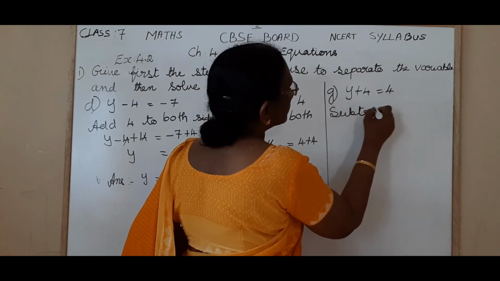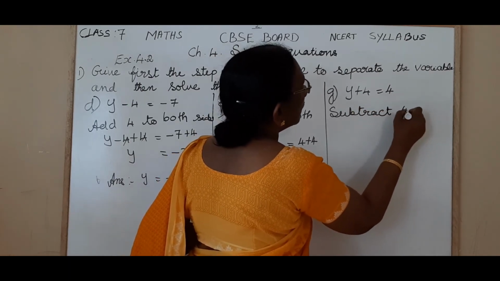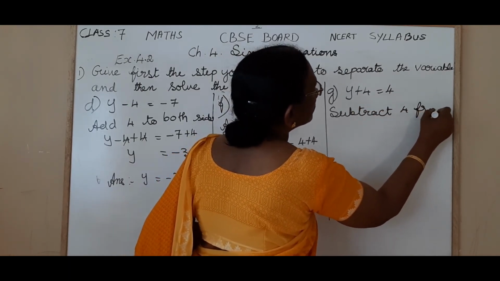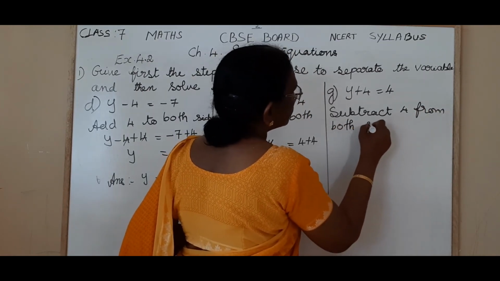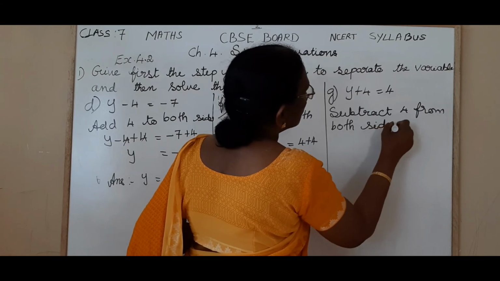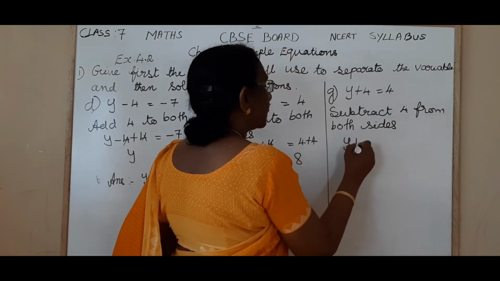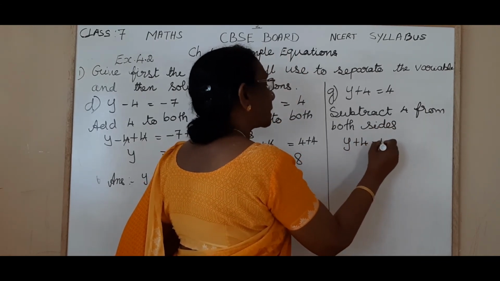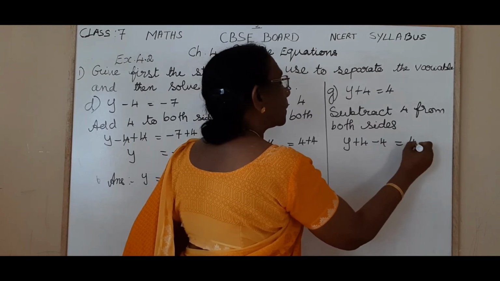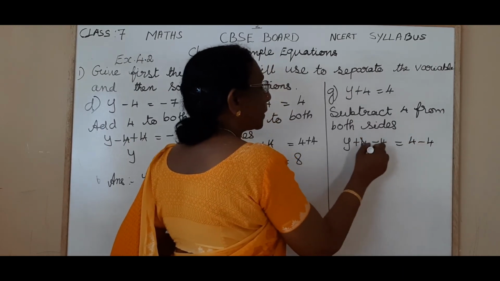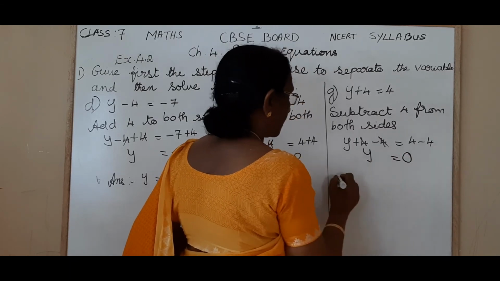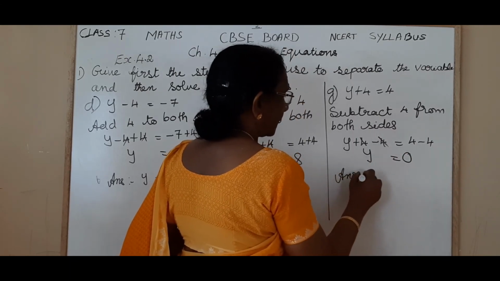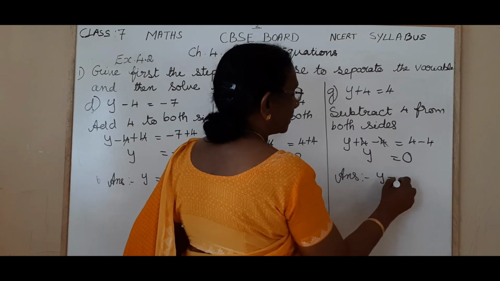Subtract 4 from both sides. What do you get? Y plus 4 minus 4 is equal to 4 minus 4. So 4 and 4 gets cancelled. Y is equal to 0. So the answer is y is equal to 0.